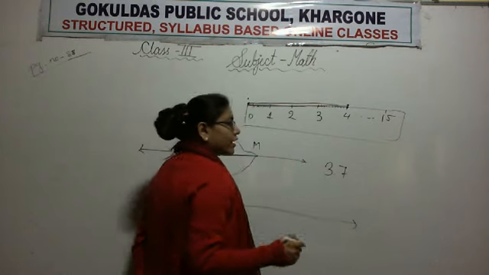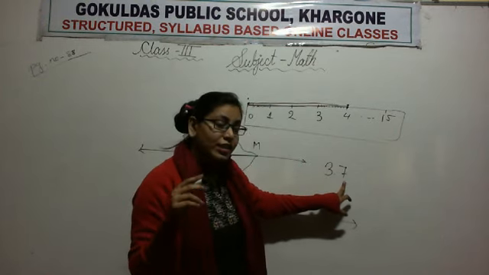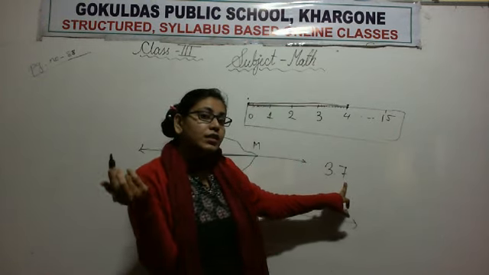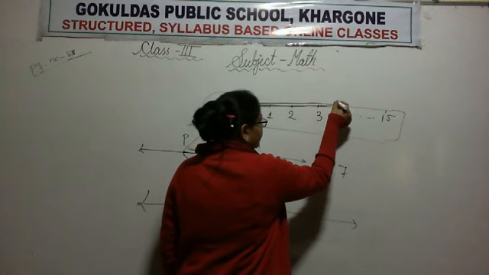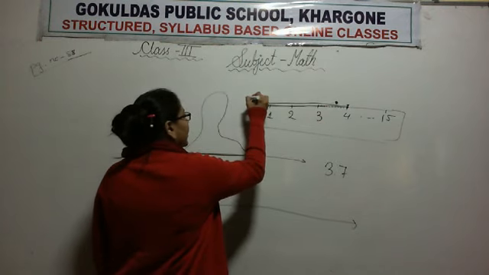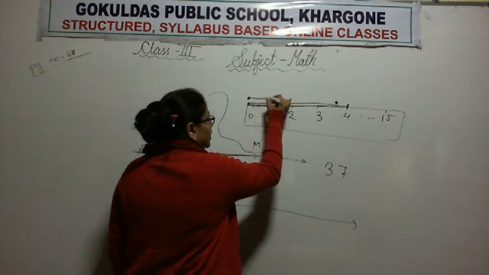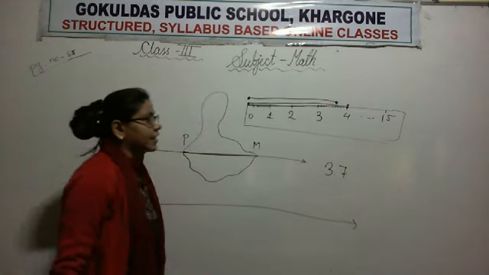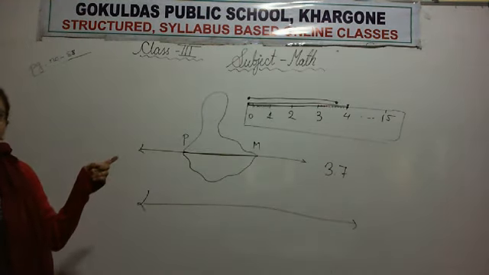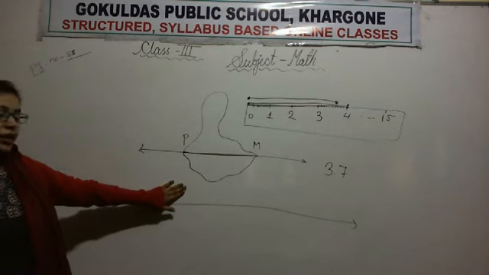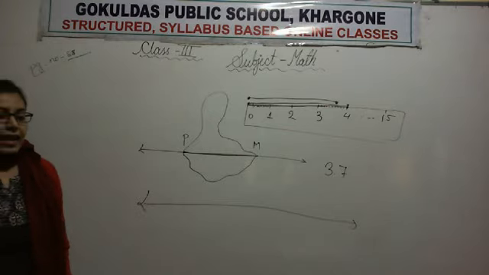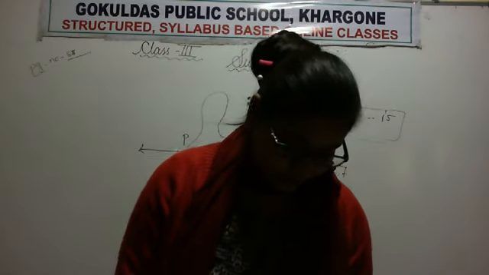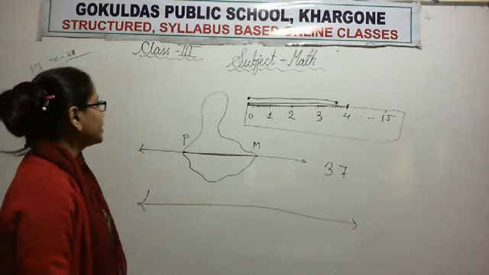After 3, 0.7 is needed, so we will count 7 lines. 1, 2, 3, 4, 5, 6 and 7. So here is the 7. We will make a dot here and at the starting point, and make a line segment. So this is the way of making a line segment. Put the ruler, mark 2 points and make the line. Okay students?